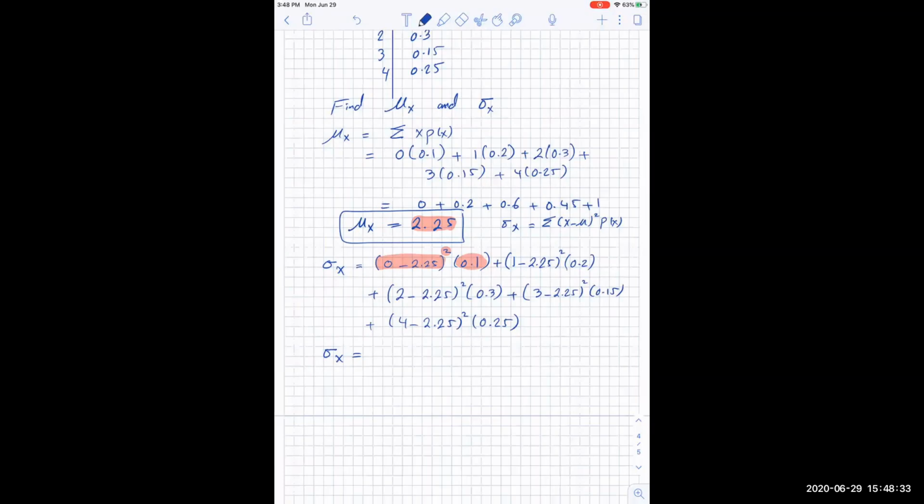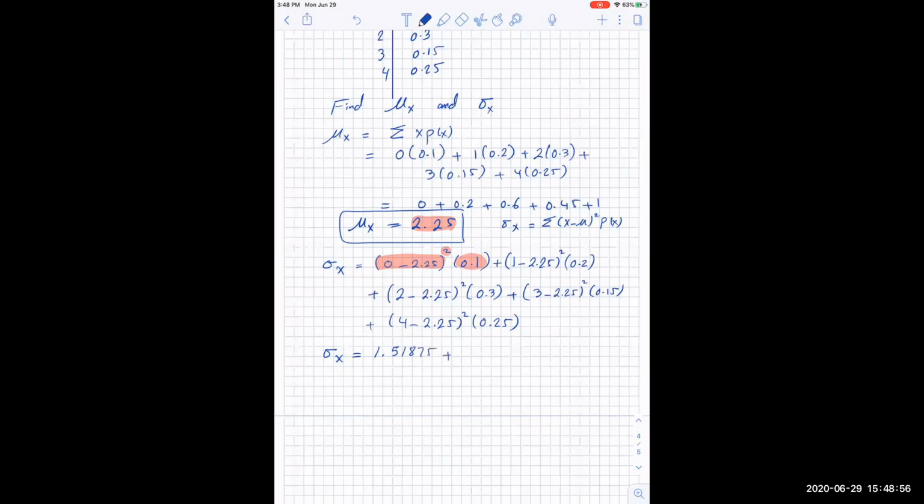2 minus 2.25 squared times 0.3 gives 1.51875.